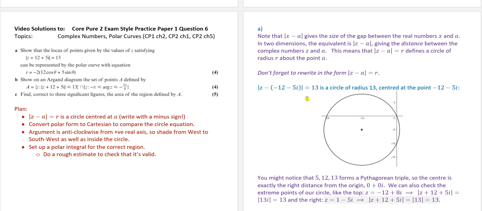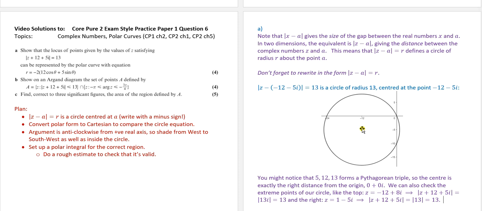The first part, as we've said, we're comparing to the point minus 12 minus 5i. We need a distance of 13. And it might look like I've made a nice precise circle here with crossing points in nice places. You don't necessarily have to know for sure where it crosses, but hopefully in this case you would notice, especially if your diagram is done carefully enough, we've got 12 to the left of the origin and 5 down.